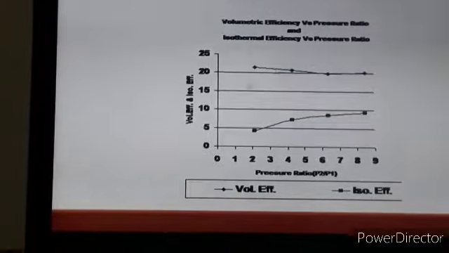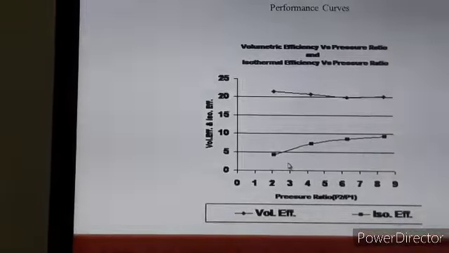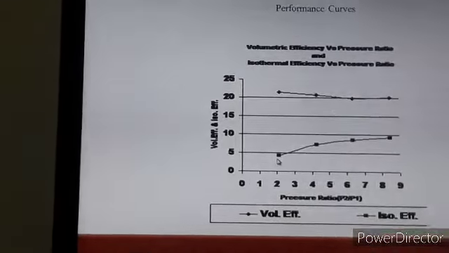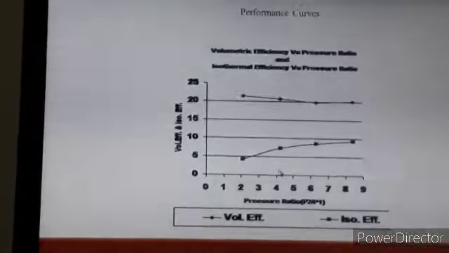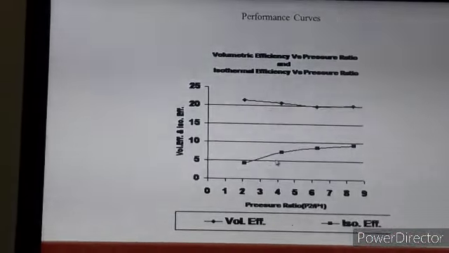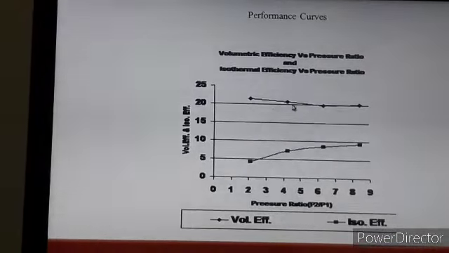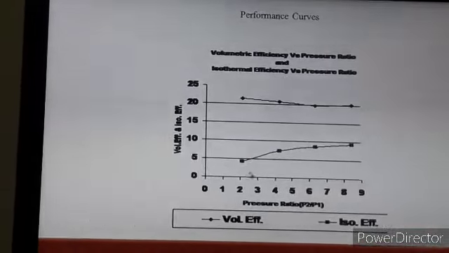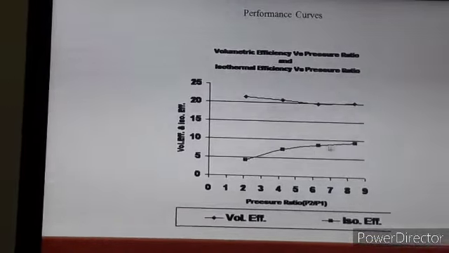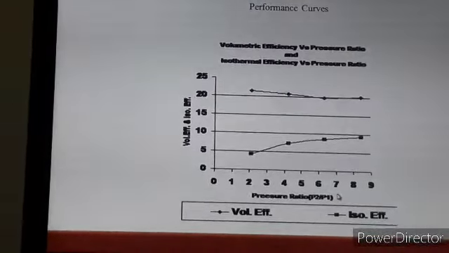With respect to those 4 points we have to plot volumetric efficiency as well as isothermal efficiency. Once we plot this graph, then we have to write the conclusion from this graph. So what is the conclusion? See the nature of this isothermal efficiency curve. Also see the nature of the volumetric efficiency curve. We find that isothermal efficiency increases as pressure ratio increases.